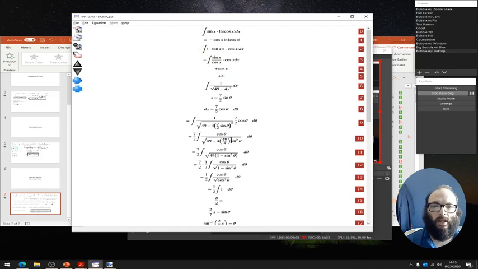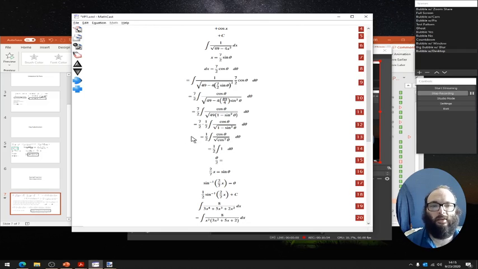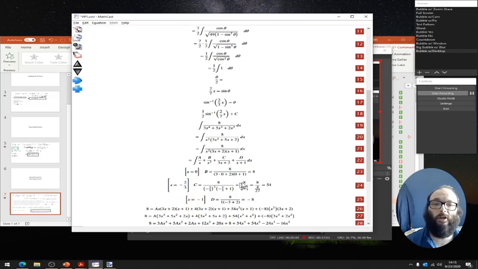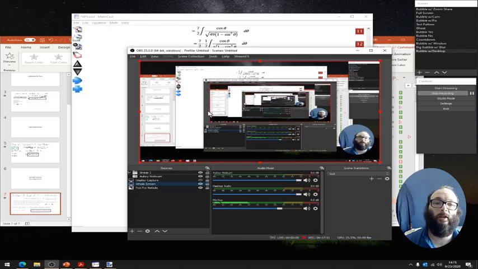Unfortunately, PowerPoint doesn't let me paste them in as MathML. It doesn't support that, so you might have noticed that some of them were a little blurry because they were pasted in as pictures. But they look pretty good. And yeah, that's it. PowerPoint, MathCast, which is free, and OBS, Open Broadcast Studio, also free.